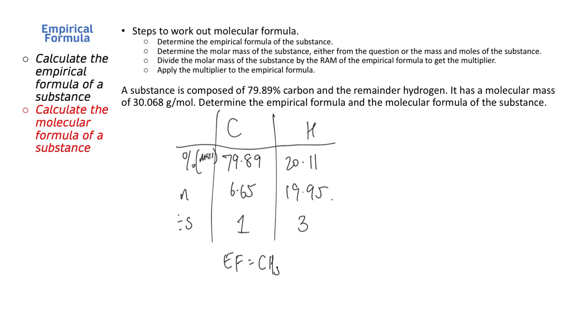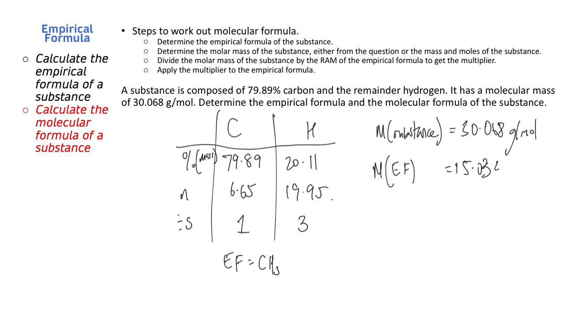What we're going to do is work out the molar mass of the substance, because we don't know what it is yet, which is 30.068, and then we have to get the molar mass of the empirical formula, which happens to be 15.034.